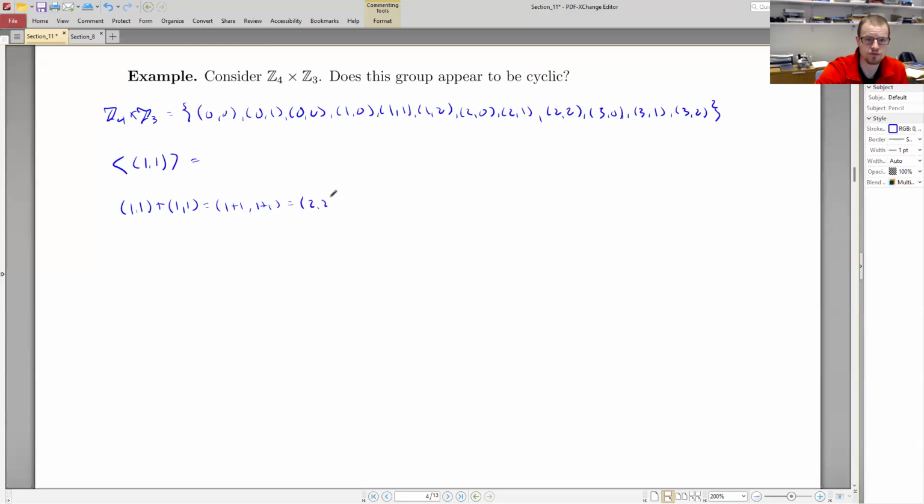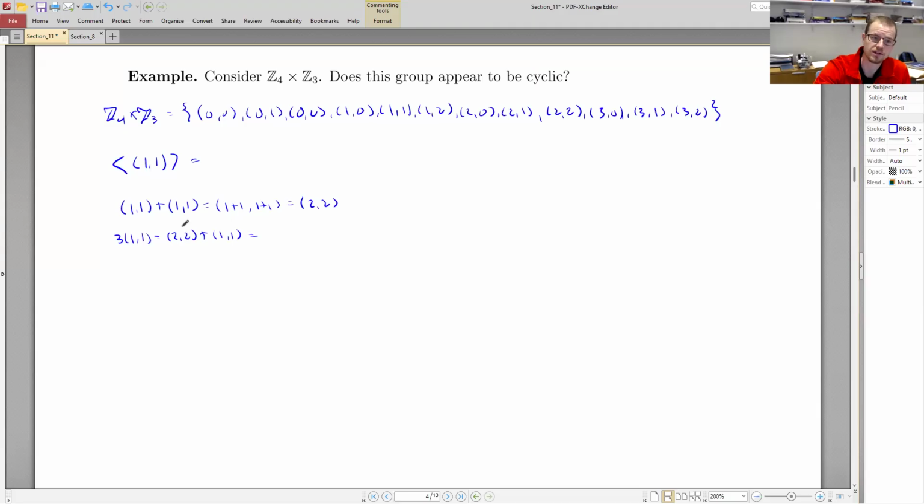So that's (2,2). Fantastic. I can think of 3 times (1,1) as (2,2) plus (1,1), because I already know that (1,1) plus (1,1) is this.